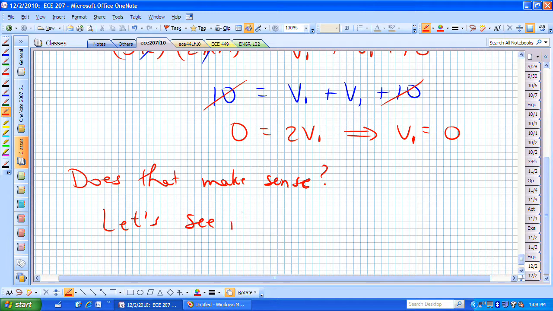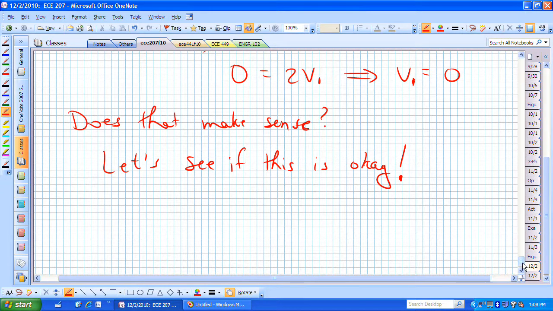Let's see if this result is okay. That's not a question, that's an exclamation point for that one. So let's see if that's actually acceptable to have V1 equal to 0.